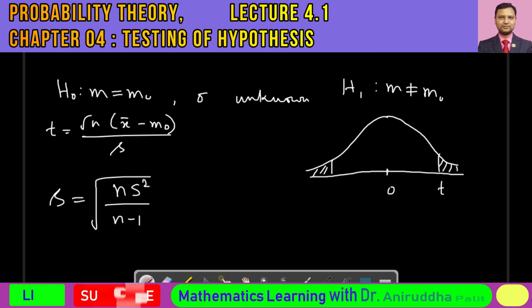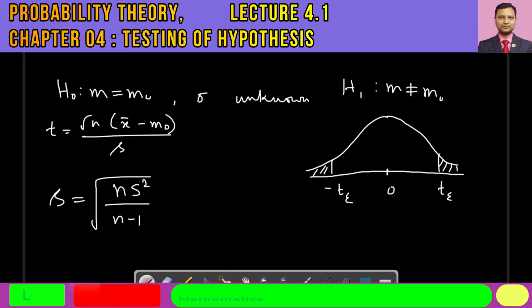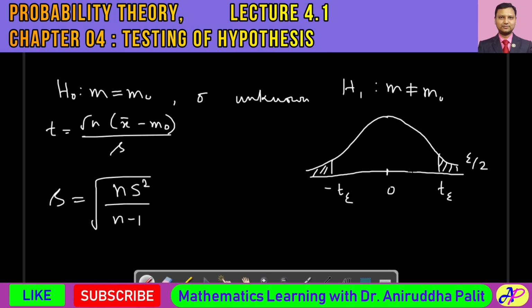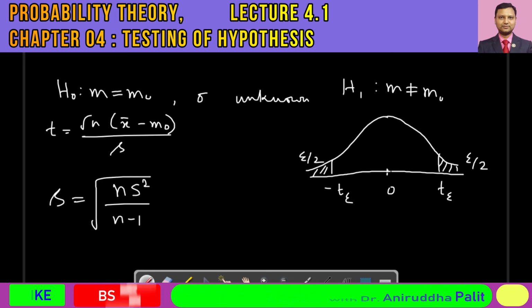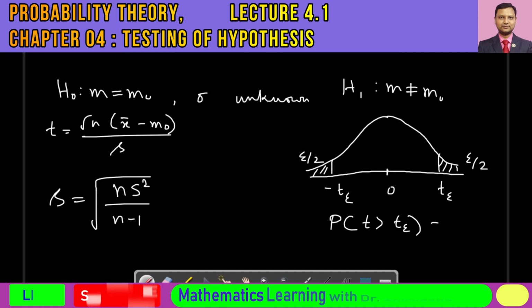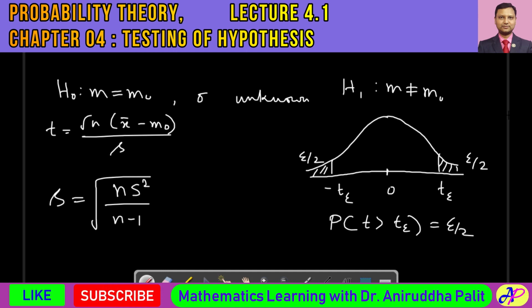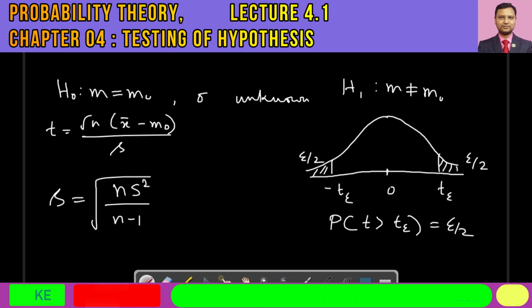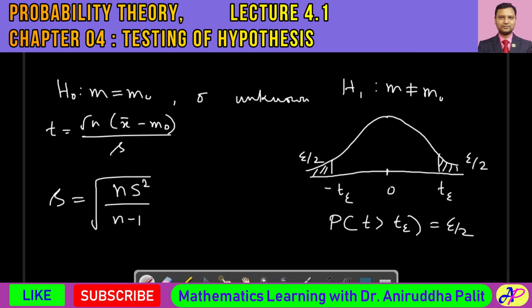So if this is t epsilon, this value would be equal to minus t epsilon, and this area must be equal to epsilon by 2. This area would be equal to epsilon by 2. Therefore, we should write probability t greater than t epsilon is equal to epsilon by 2 in both-sided test. All right, and that should be computed with nu equal to n minus 1 degrees of freedom.